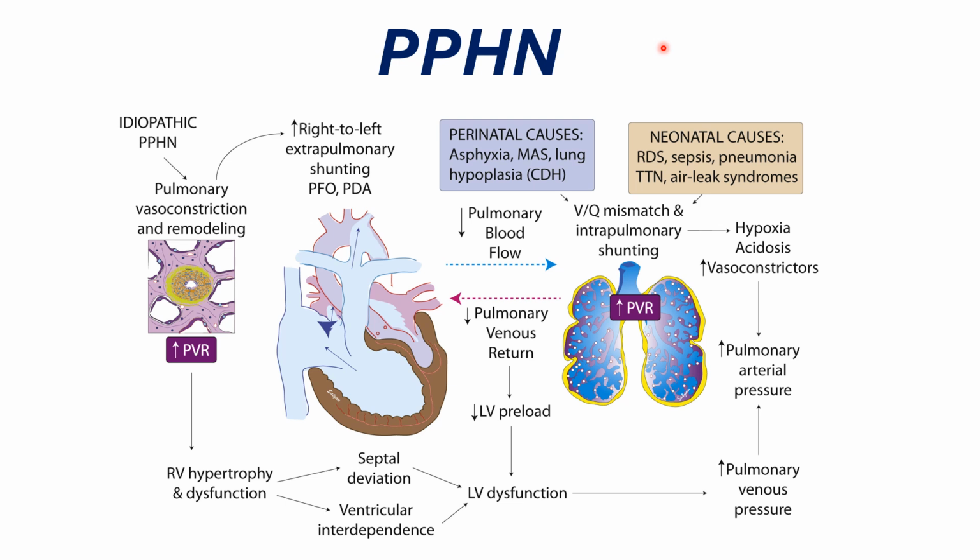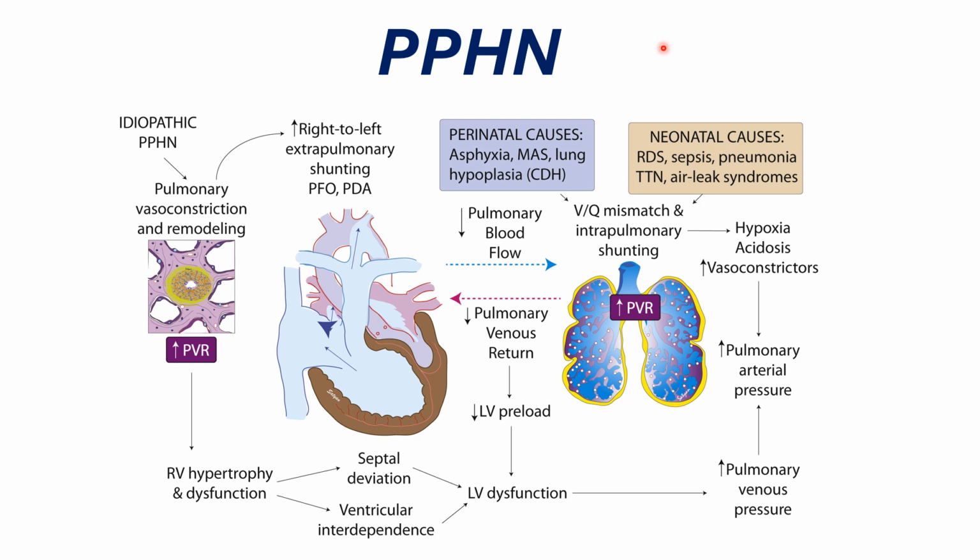A chest X-ray might show normal lungs, or if there are underlying causes like meconium aspiration, congenital diaphragmatic hernia, or respiratory distress syndrome, that can be revealed in the chest X-ray.